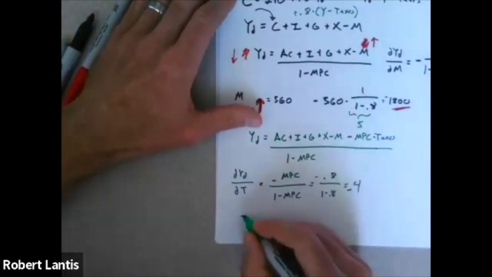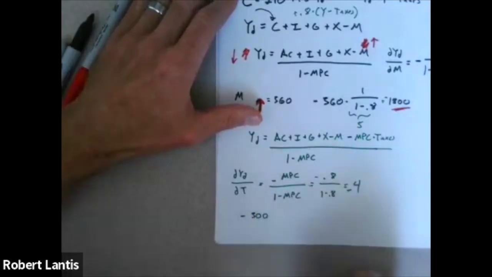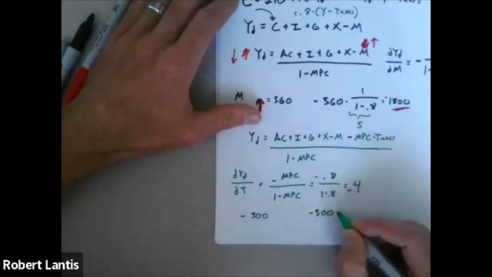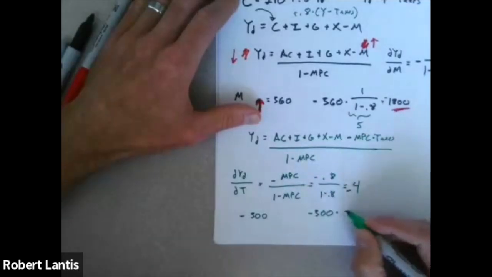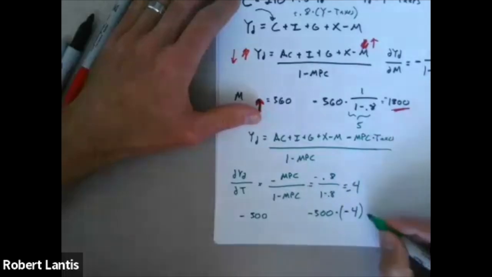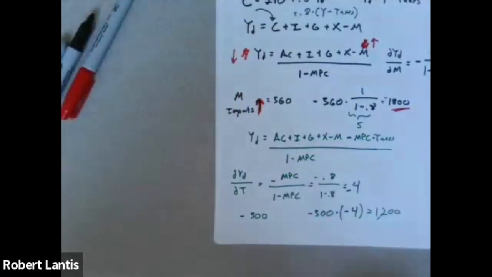So if here I have negative 300, taxes fall by 300, real GDP would fall by negative 300 times this kind of factor here, which was negative, we plugged our values in, 4. So here that would actually increase, a decrease in taxes would actually increase our break-even level by 1,200.